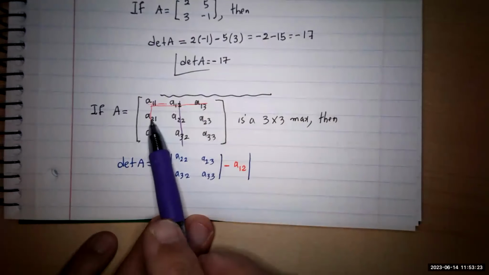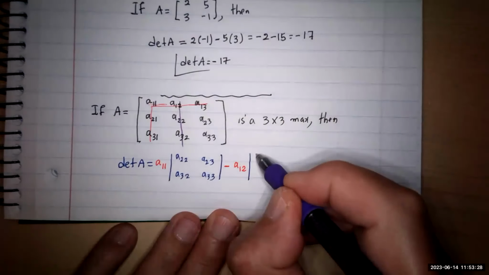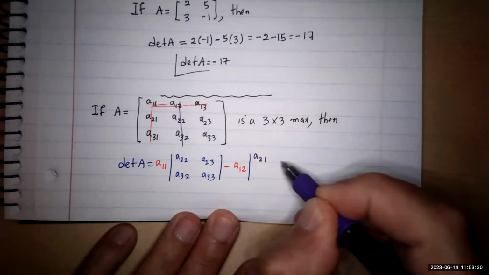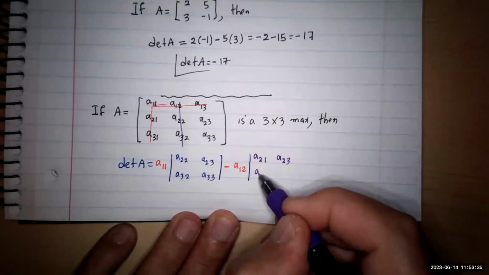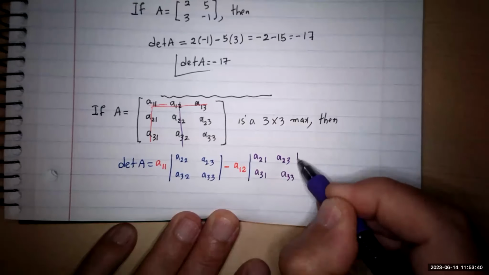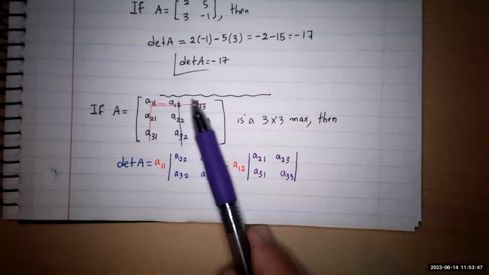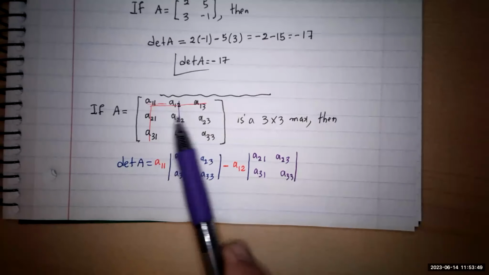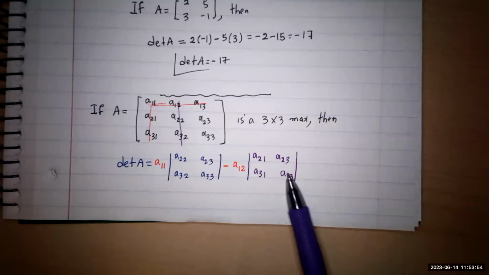The leftover matrix is A21, A23, A31, A33. That would be the second part. We don't usually write it down, we just get the numbers, because the determinant again is going to be cross multiply to get these numbers.